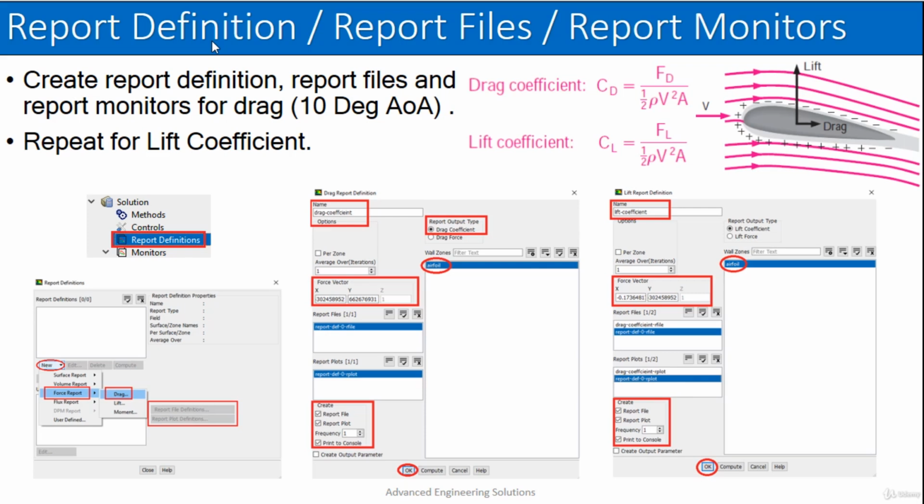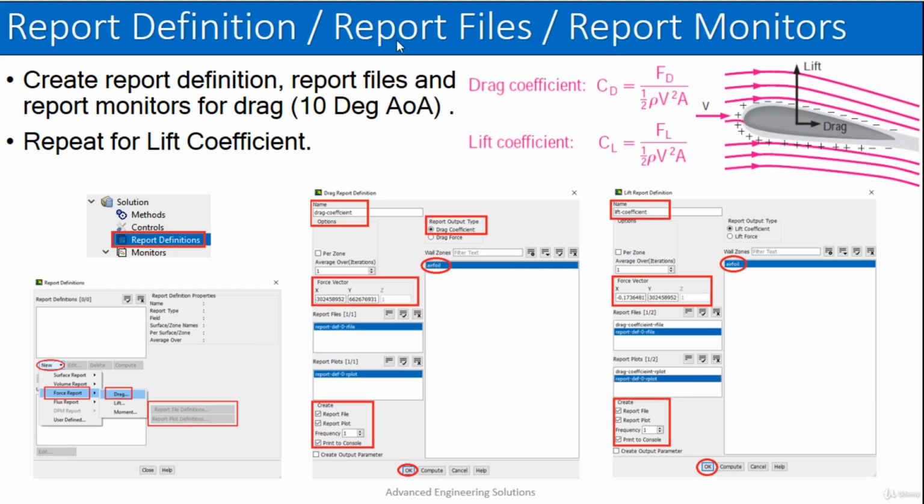The report files are the convergence or monitor plots of any variable at any location, saved in a file on your hard disk. The second is the report plots, which will show you the data on your computer screen as the solution progresses.